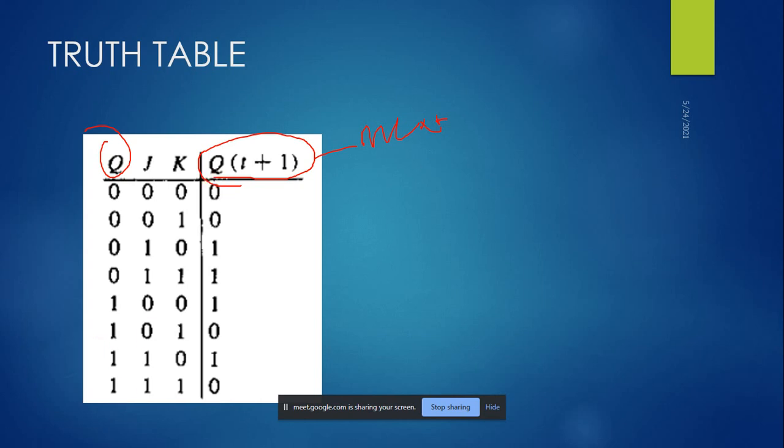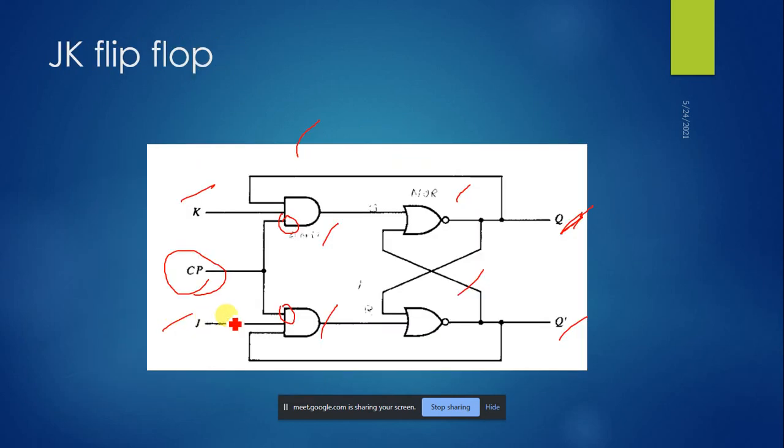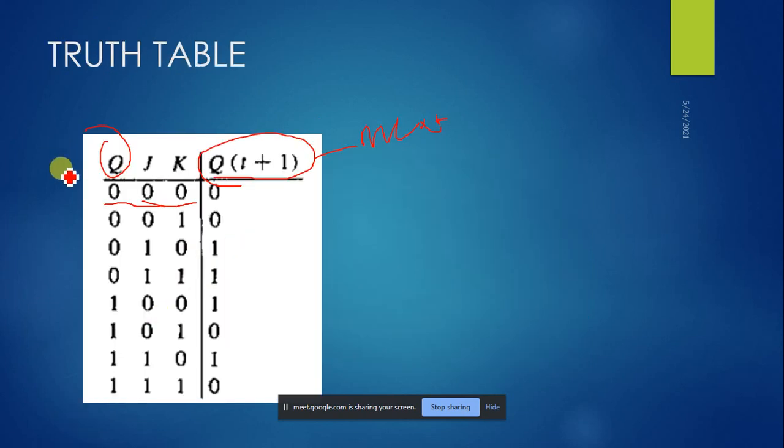Coming to the truth table, it has J and K with different combinations, or you can consider QJK, where Q is the output and J and K are the inputs, and the clock is the third input, right? So for 0 0 0, it will yield the next possible state as 0, and likewise for 0 0 1.